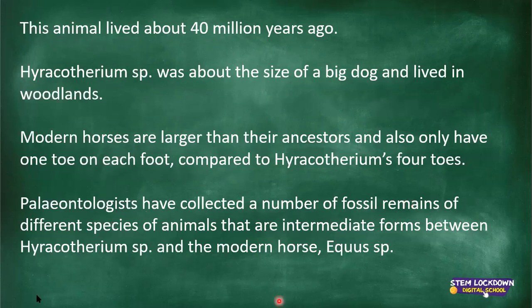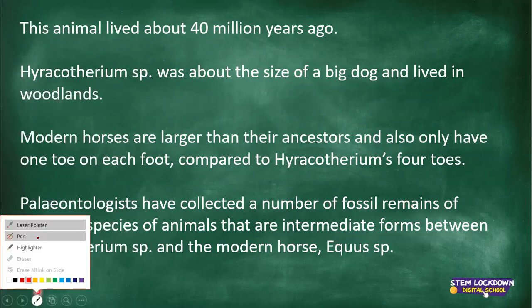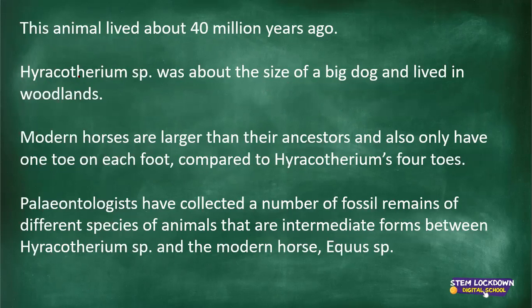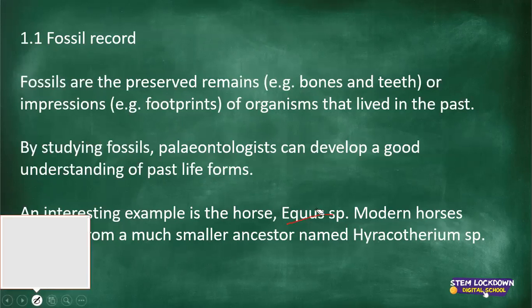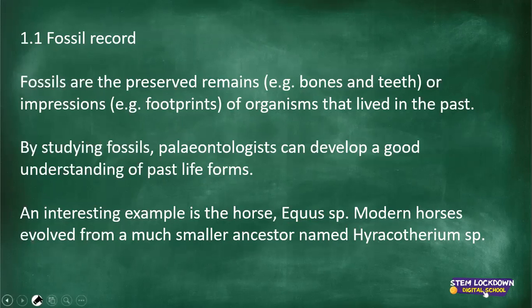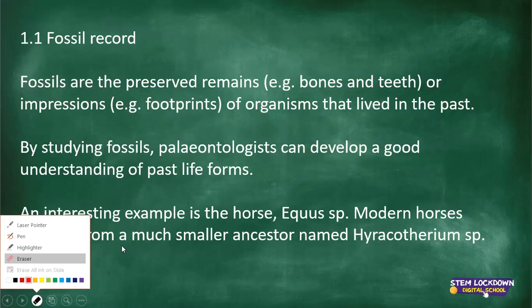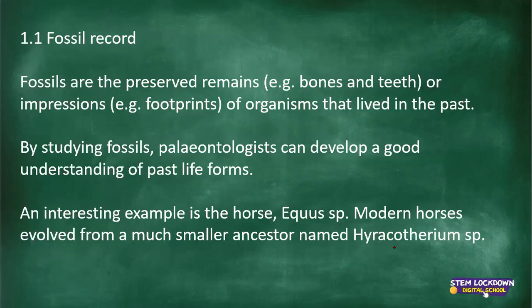This is a horse species. This here is a horse, like we've mentioned here. Modern horses evolved from this smaller ancestor, the Hyracotherium species.